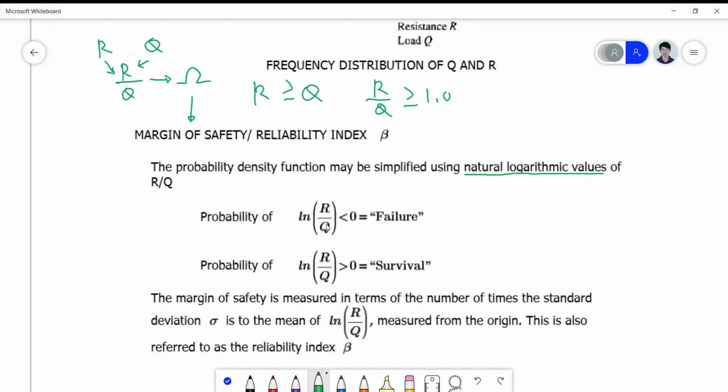And therefore, the variable of argument will be changed from R over Q again to the natural logarithm of R over Q.